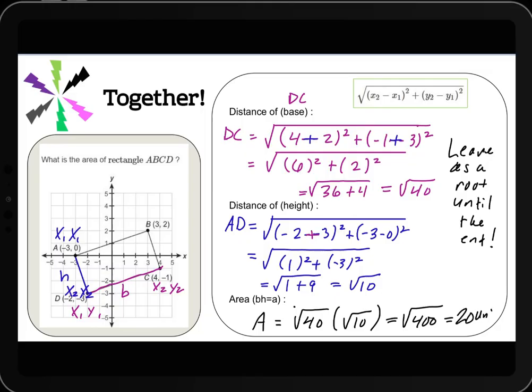Since this is an area, we want to make sure to mention that this is square units. I'm going to write my answer up here just because the screen's kind of cutting off there, so it won't let me write. So we've got 20 square units. We're now working with 2 dimensions, and that's why we square our units.